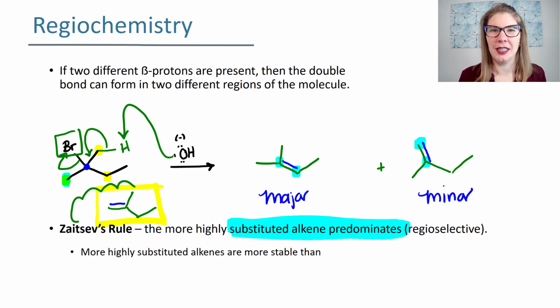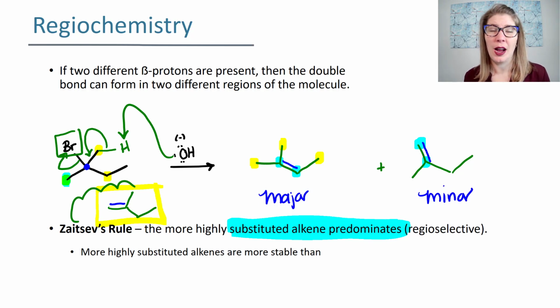Let's take our attention back to the product that I labeled as major. What I want to do is count how many carbon groups are attached to my two blue carbons. I have 1, 2, 3 carbon groups attached to my two blue carbons. So we call this a tri-substituted alkene because there are 3 carbon groups attached.